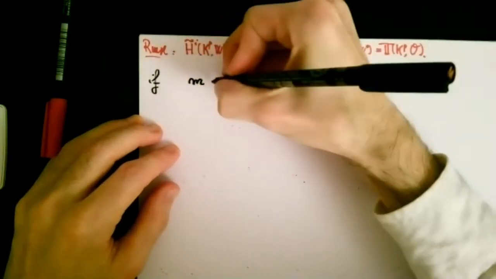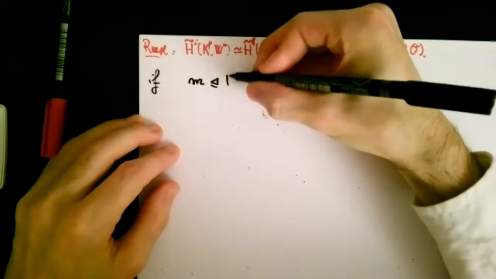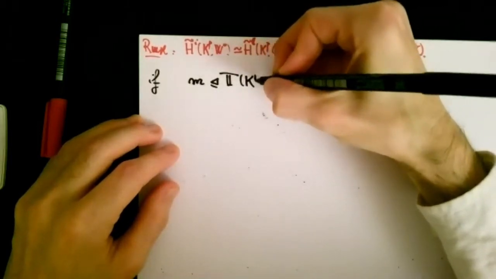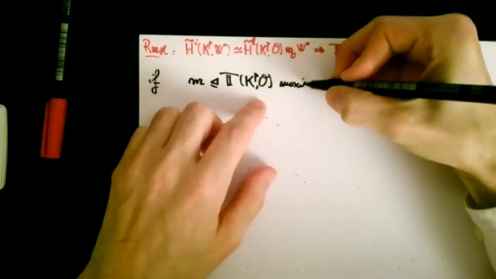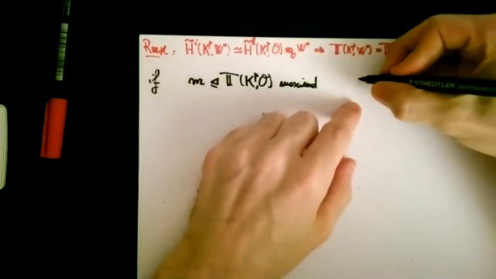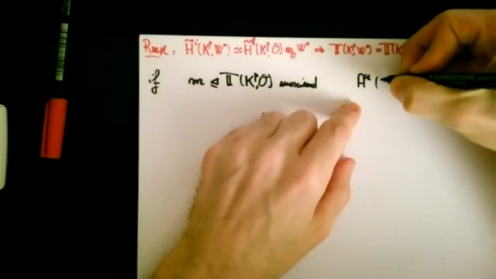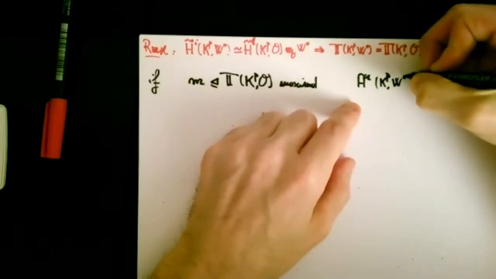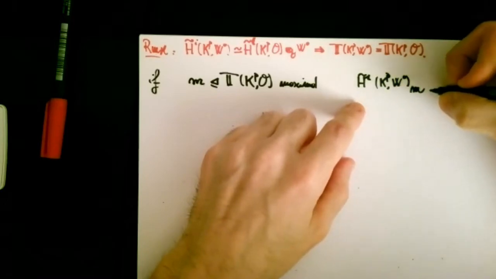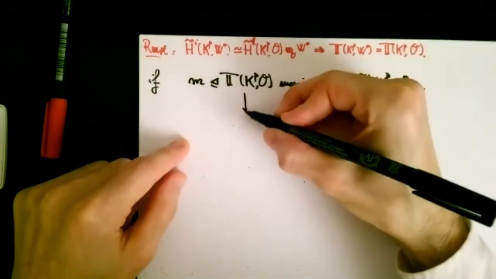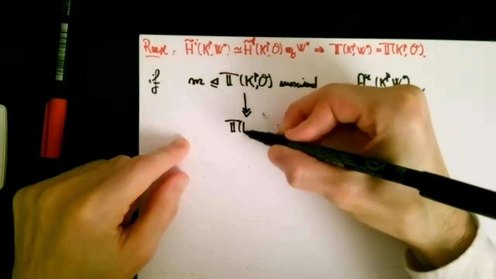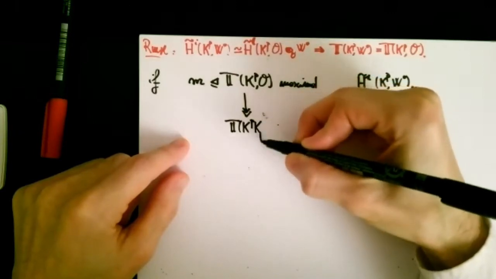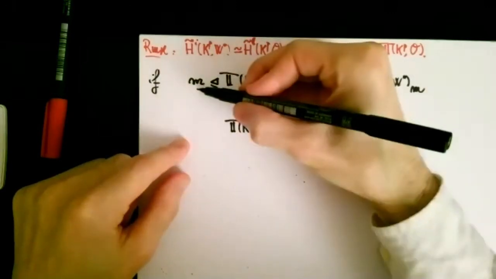So if I pick a maximal ideal M in the Hecke algebra T^{K^P}(O), I can define the localization H1 tilde K^P, W naught localized at M. So now, since here we have a projection over T^{K^P K_p}(O), we pull this down.